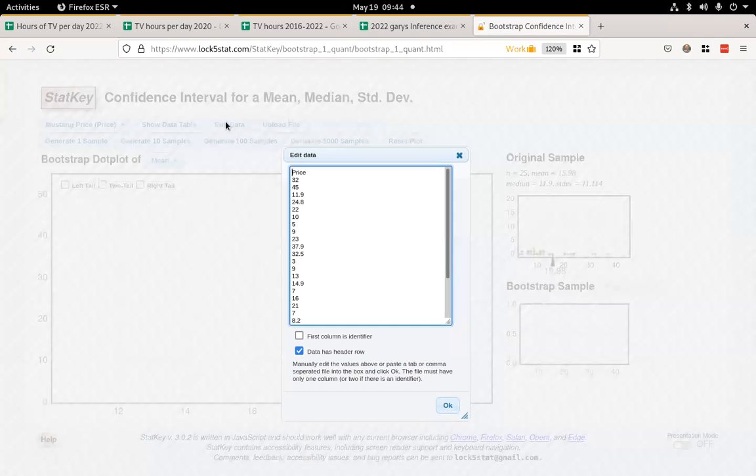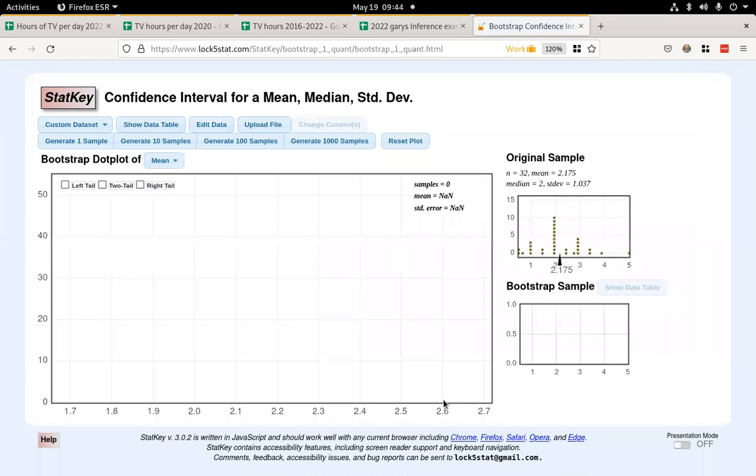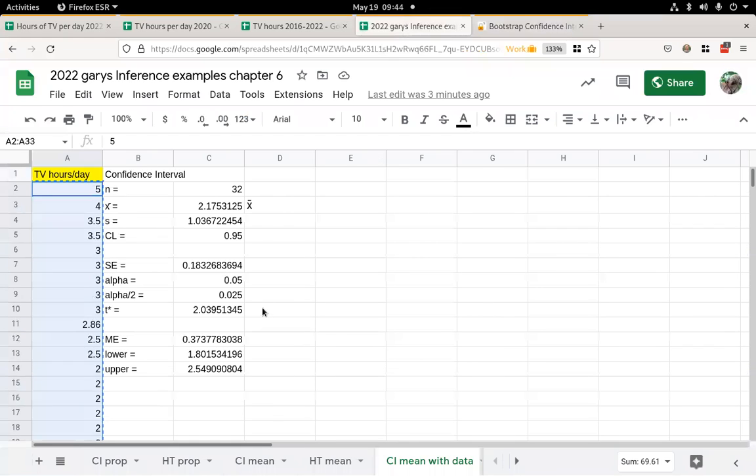So we edit our data, delete, paste. Do I have a header row here? I do not, so I uncheck that box. Okay, and it should tell me my count is 32. My mean is 2.175. Standard deviation is 1.037. Make sure that matches what the spreadsheet says.